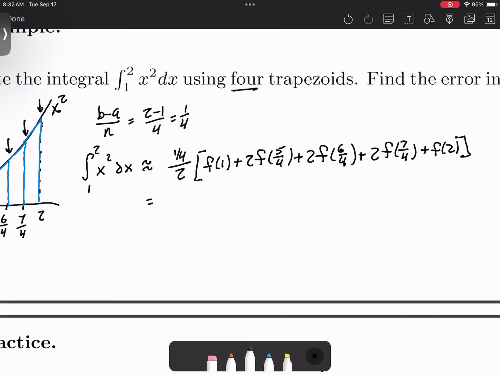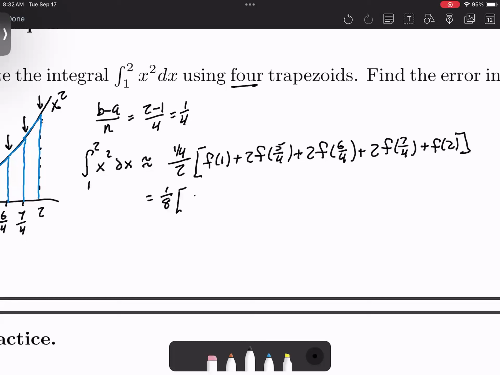Okay, so we have a 1/4 being divided by 2. That leaves us with a leading 1/8. And if we plug 1 into our function, we get a 1. If we plug a 5/4 into our function, x squared, we end up with a 25 over 16. But if we multiply by 2, we end up at 50 over 16. So let's underline them as we go. Now we have 2f of 6/4.